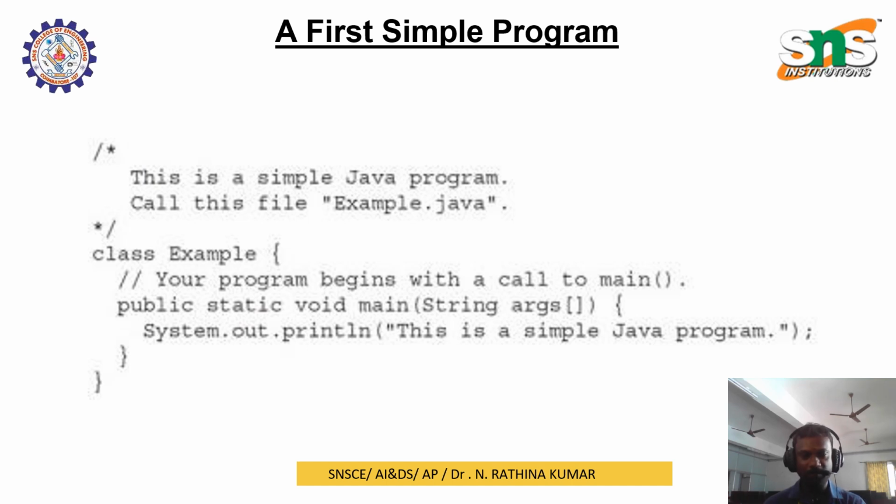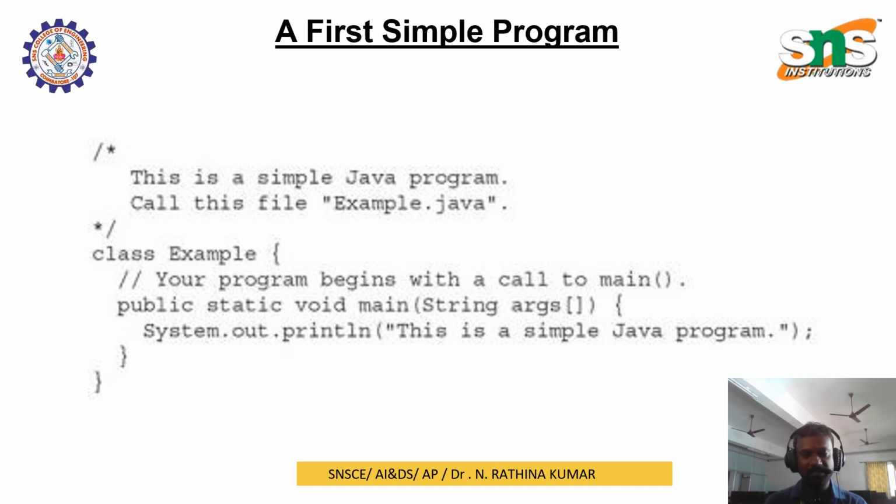In C programming language, we simply write main, but in Java we have to write public static void main, then inside that we have to mention the string arguments. So what is the meaning of this? Public means if you want to access this function from outside the class, we must declare the main function as public. So what is the meaning of static?